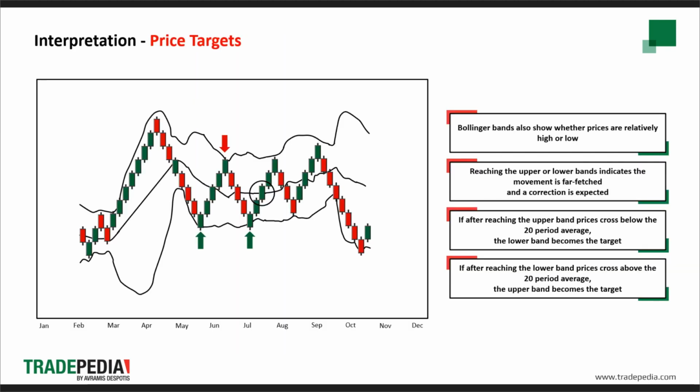Moving on, so how do we measure the price target for the Bollinger Band itself? It's rather simple and straightforward. So with the Bollinger Band, the price will tend to move from the upper Bollinger Band to the lower Bollinger Band.